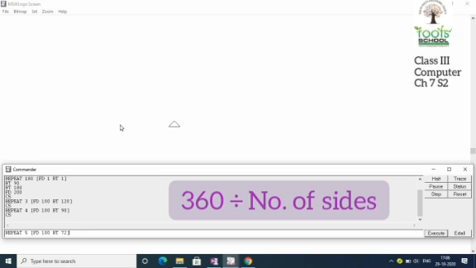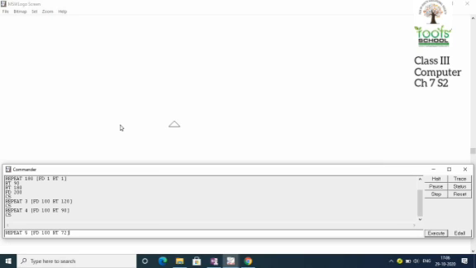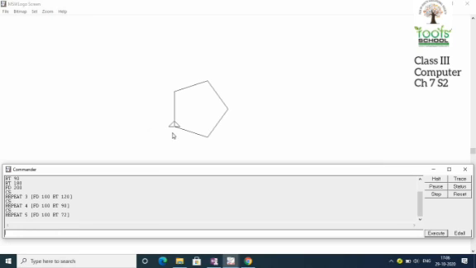The polygon has 5 sides. So 360 divided by 5 will give you 72. So I divided 360 by how many sides I want for the polygon. So you see over here, I got a 5 sided figure.